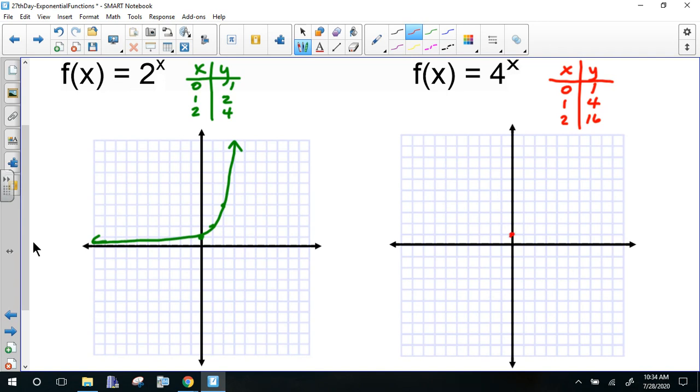There's (0, 1), (1, 4), (2, 16) is going to be way up here. So it gets steeper quicker. Okay. So as a gets bigger, your graph gets closer to the y-axis.